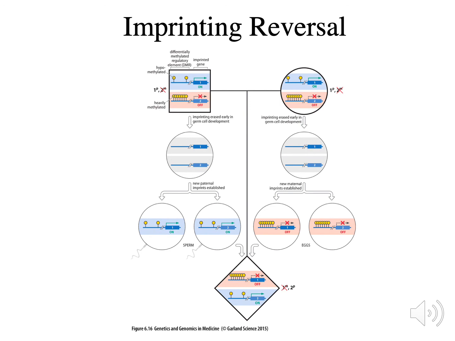Here are some examples of reversal of genetic imprinting. It's quite interesting because imprints can be reversed between generations. You can have one generation, and then in the offspring the imprinting disappears, and then it can reappear in the subsequent generation. And here's the mechanism by which this could take place.